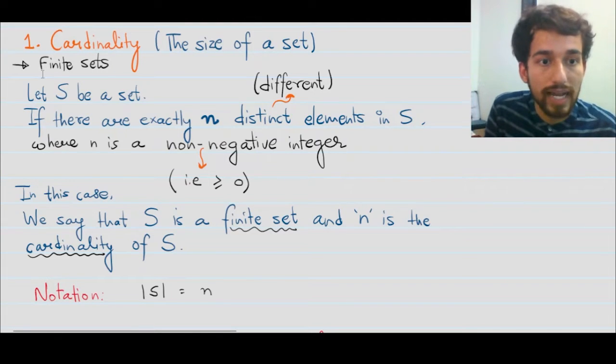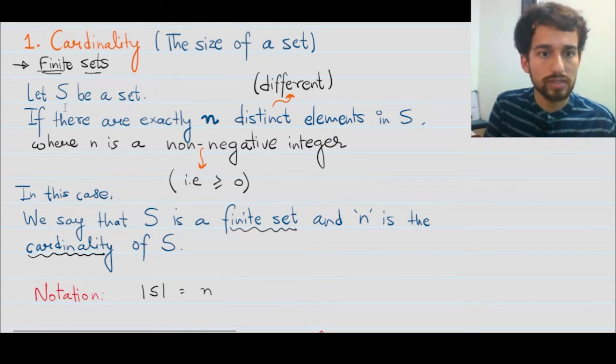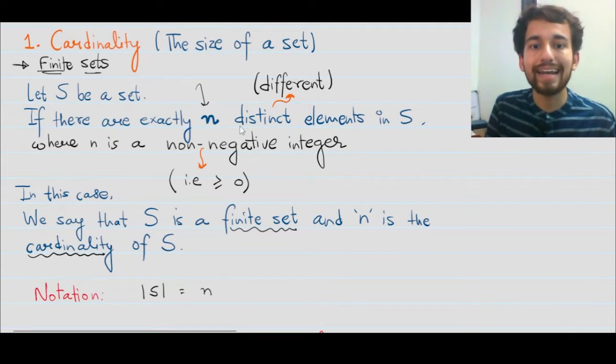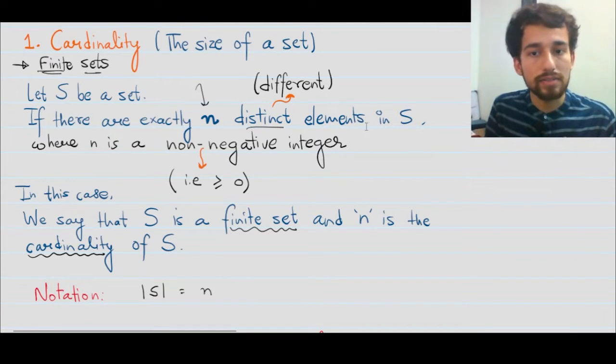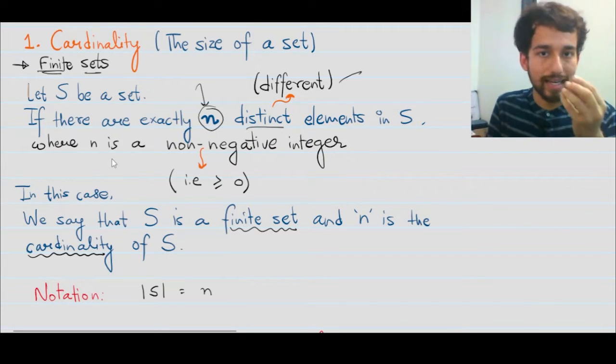Observe that first I discuss the case when the given set is a finite set. Suppose I have a set S and there are exactly n distinct elements in S. Distinct means that they are all different, and in total they are n. Now what is this n?